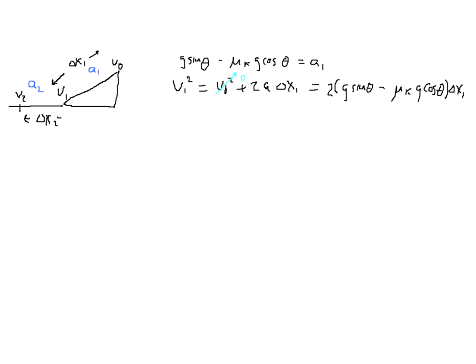So this is an acceleration term times a displacement term, and that's our velocity at the bottom squared.